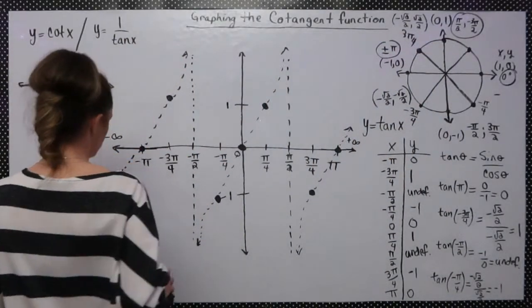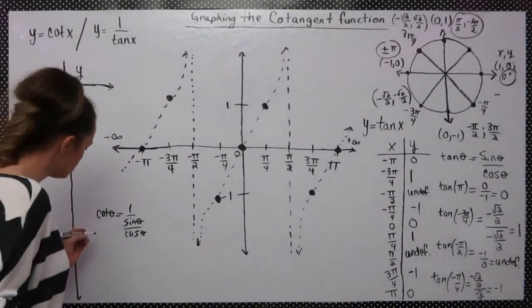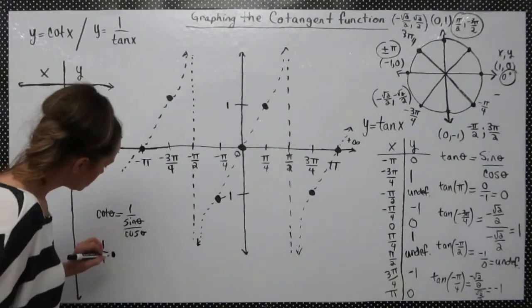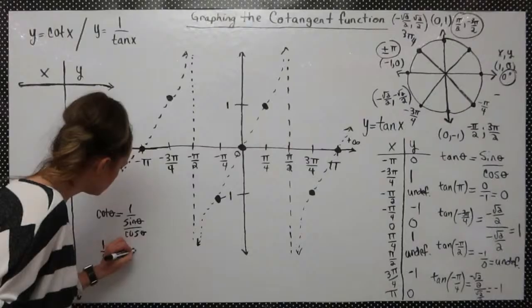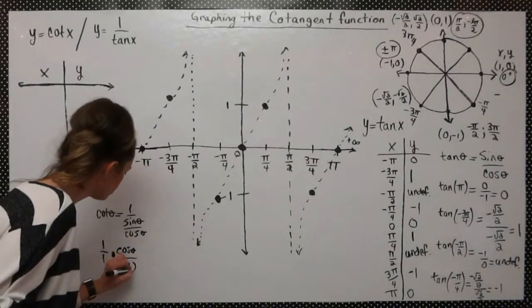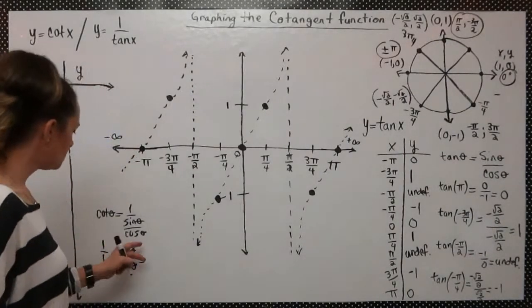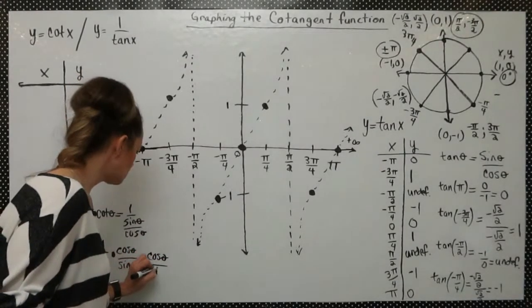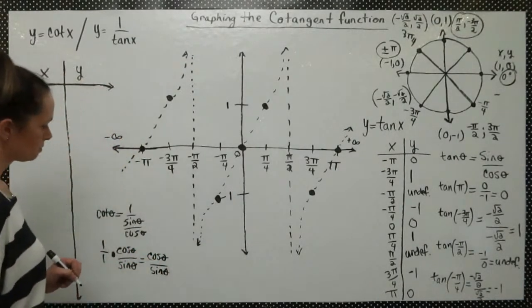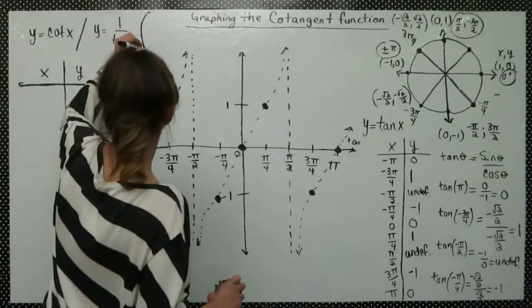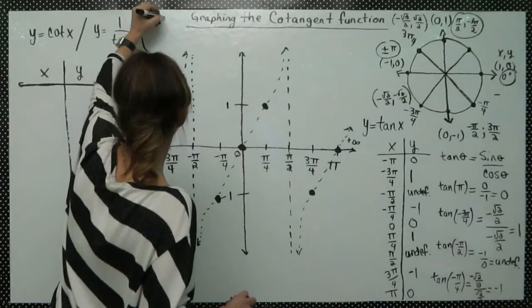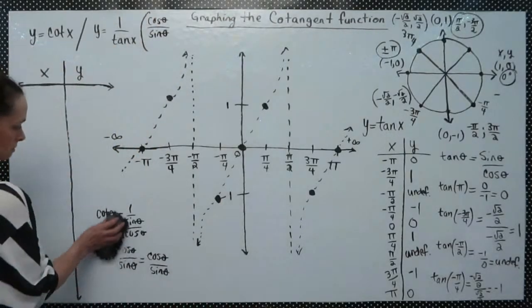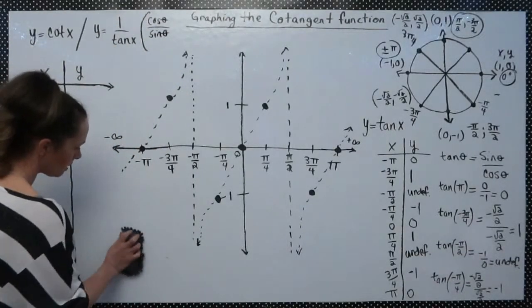What this means is 1 divided by sine over cosine. So you have 1 over 1, and you invert and multiply that second term, and you get cosine theta over sine theta. So you can say cotangent is cosine theta over sine theta, and simplify your work that way.